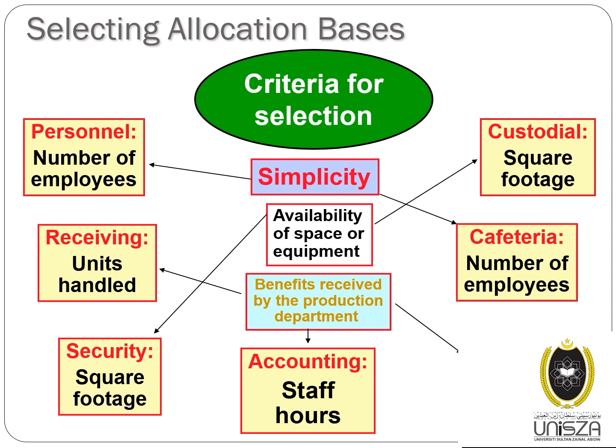For example, both the personnel department and the cafeteria are based on the number of employees. So in this case, it is possible to simplify the allocation by pooling these costs.